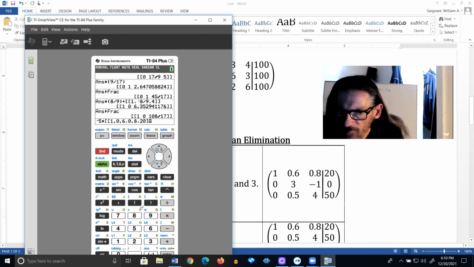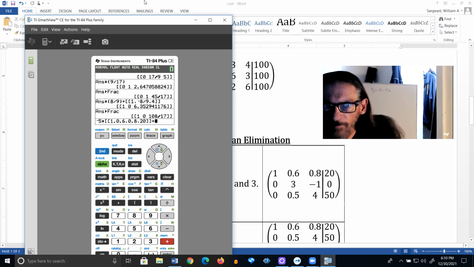Apparently we have to press second both times. We're adding that to the old row 2, which was, let's see here. That was 5, 6, 3, and 100.